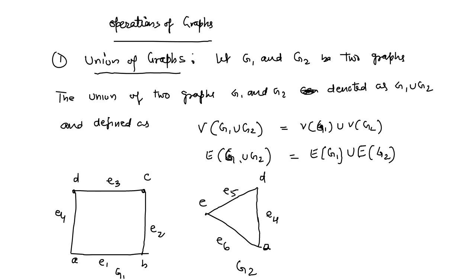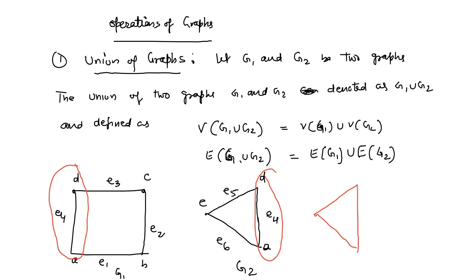So what is the union of this graph? If we consider the two graphs G1 and G2, a pair of vertices is the same in both. So when we make the union, the construction is in this way.